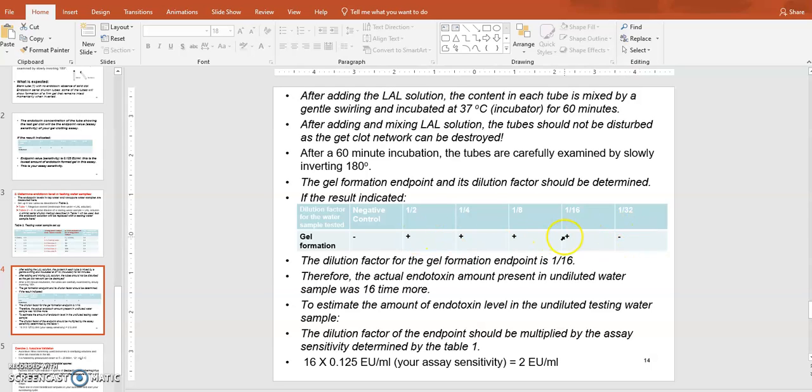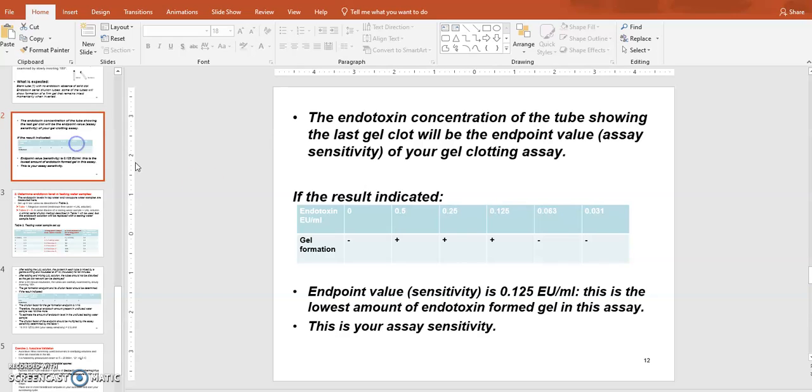Now what does that mean? So that means these tubes had enough endotoxin, so they gave you a gel formation. If you look at the trend, that will be the least amount of endotoxin that gave you a gel formation, which is similar to what you got here. So that was the least amount of endotoxin that gave you gel formation, which was what? 0.125 EU per mil.